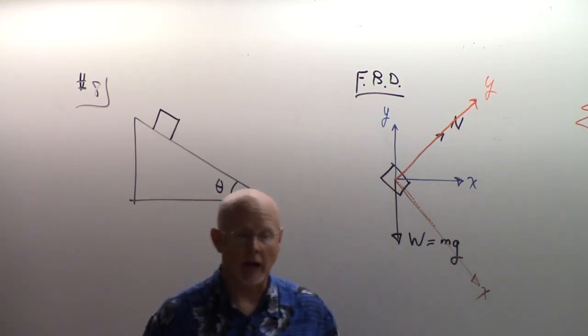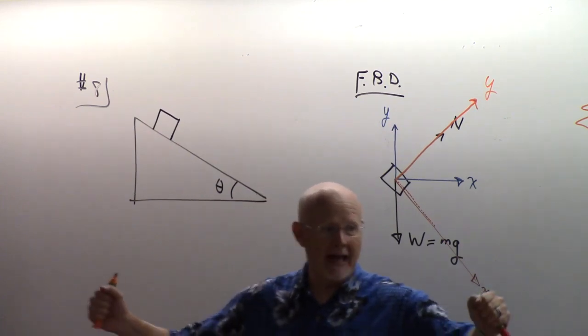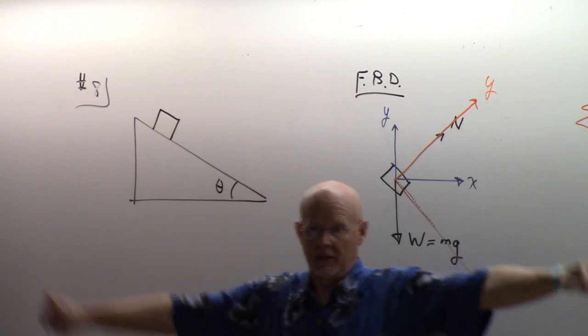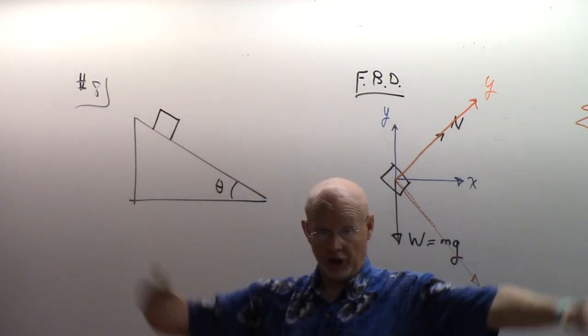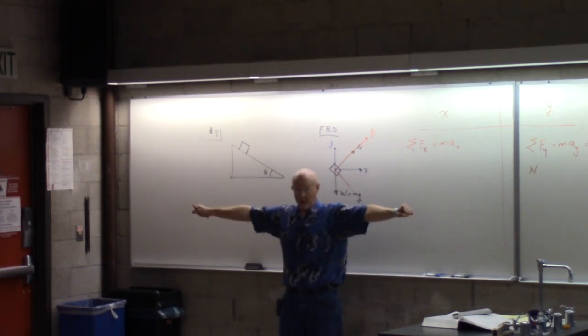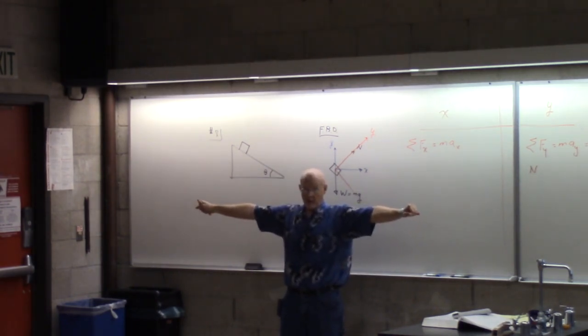All right, so I'm going to do this. I'm going to have you imagine my arms be the x-axis, and my head and body is the traditional y-axis. So vertical, horizontal, and now I'm going to tilt.